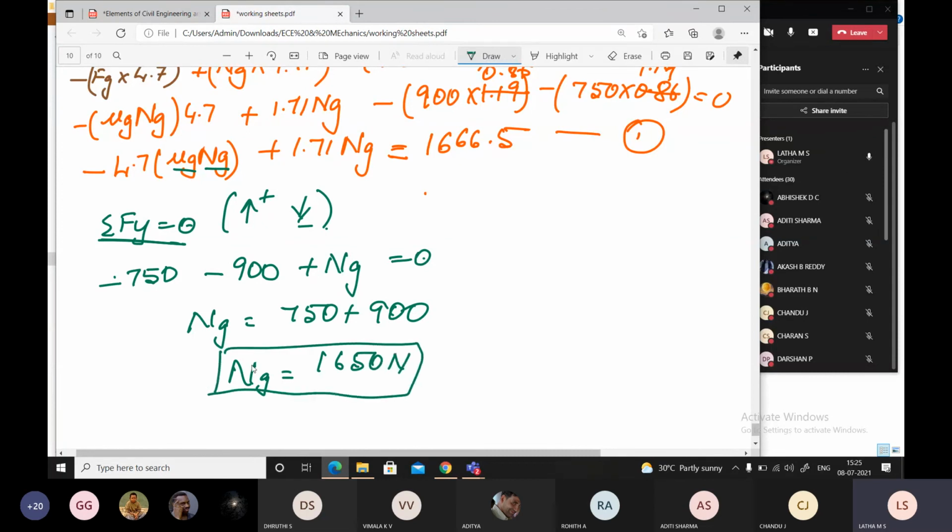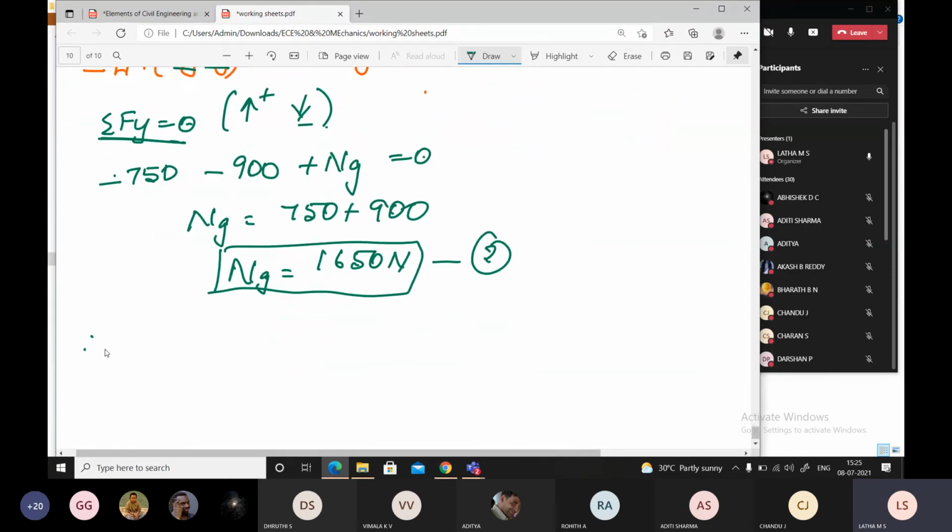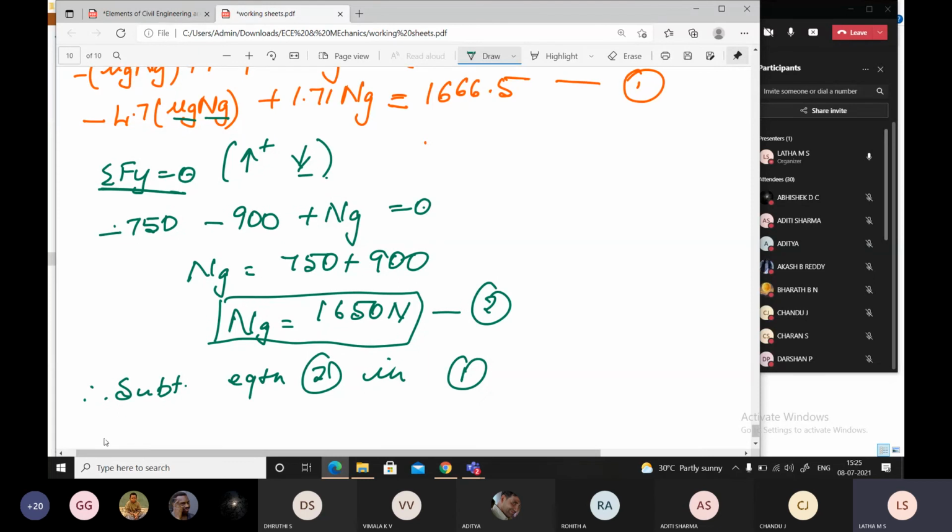Now substitute this value in equation 1. Therefore, substitute equation 2 in 1. What do you get on substituting? What is the value of mu g you get?